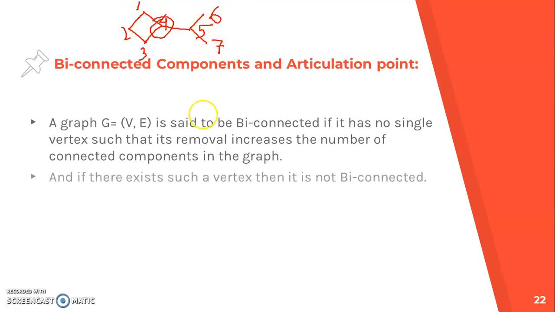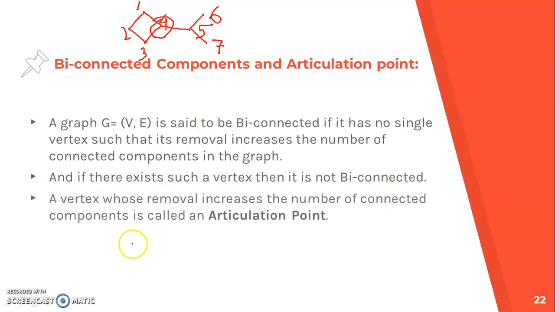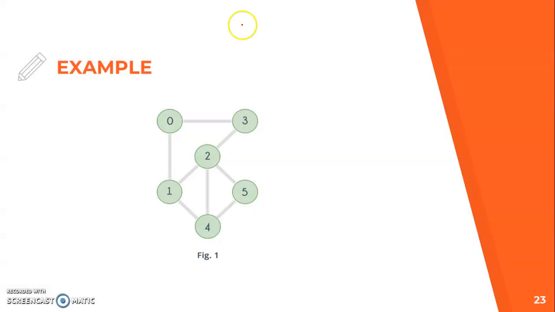Now, what is the definition of an articulation point? If there exists such a vertex, then the graph is definitely not biconnected. A vertex whose removal increases the number of connected components is called an articulation point. That means for this example, 4 is an articulation point. For this other example, this is a biconnected graph. You can check this, because if you remove any vertex, it cannot be disconnected; it always remains connected, right?